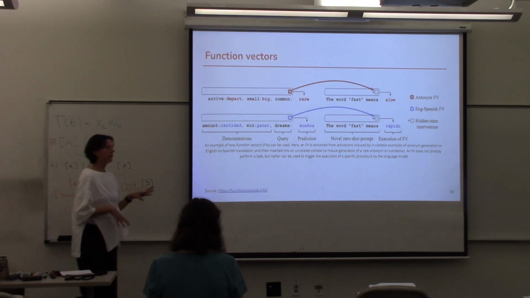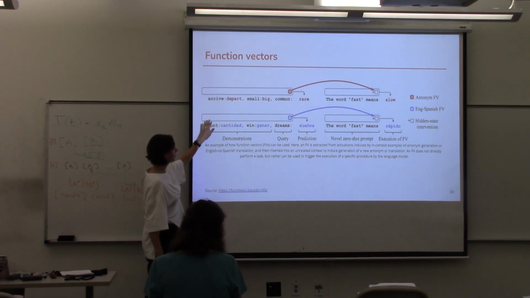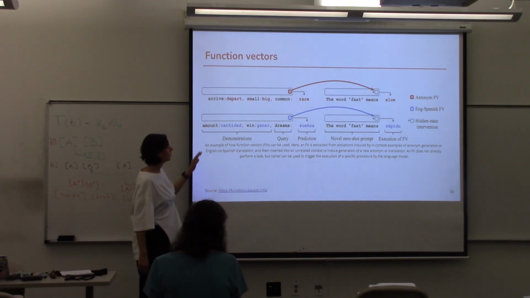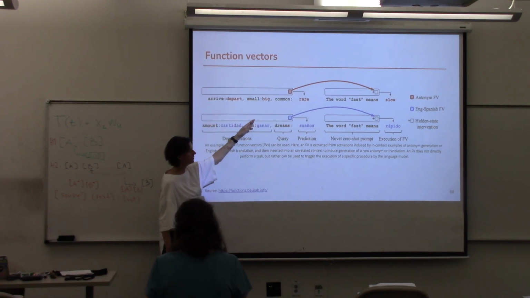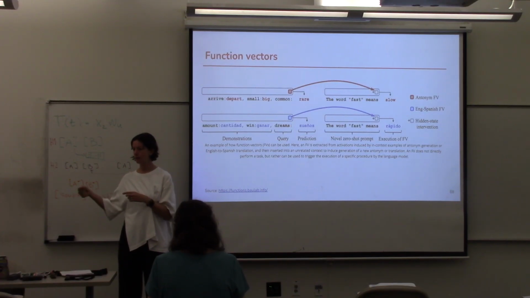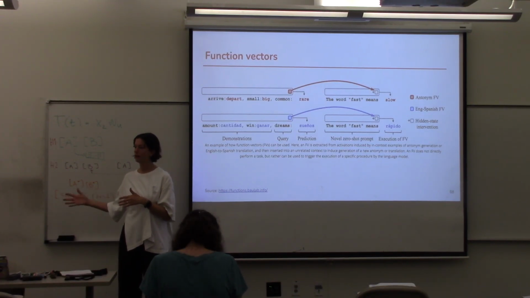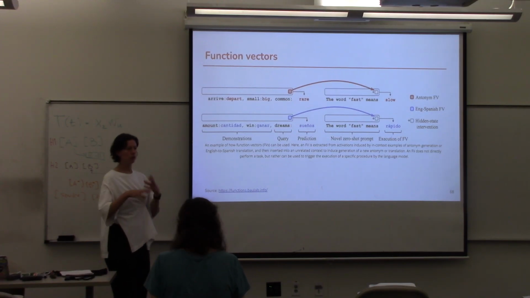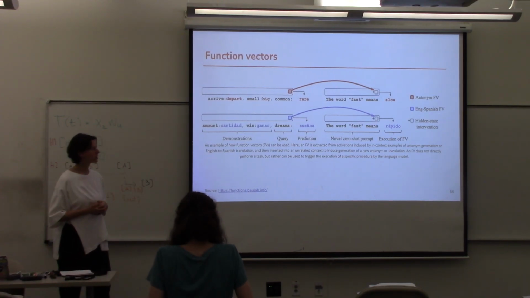The high-level overview of function vectors is that we are going to take some attention head, and for each one of these prompts, we are going to get the representation of the last token in the prompt that the attention head makes. And we are going to average these representations.